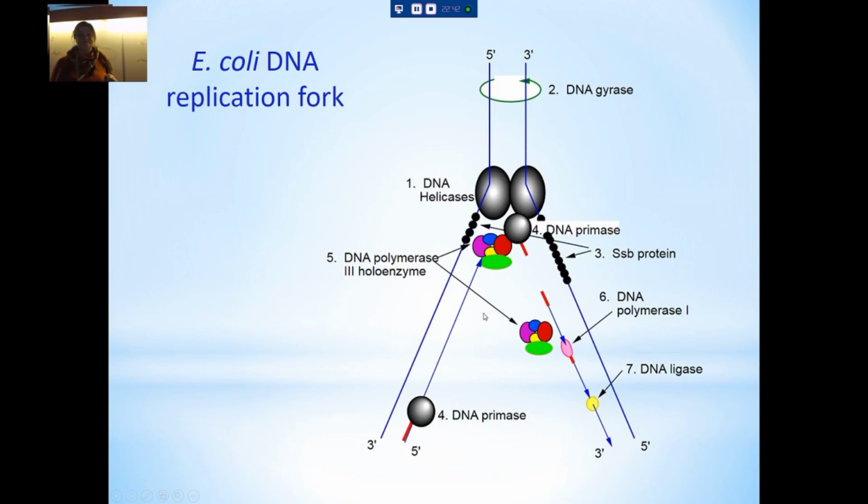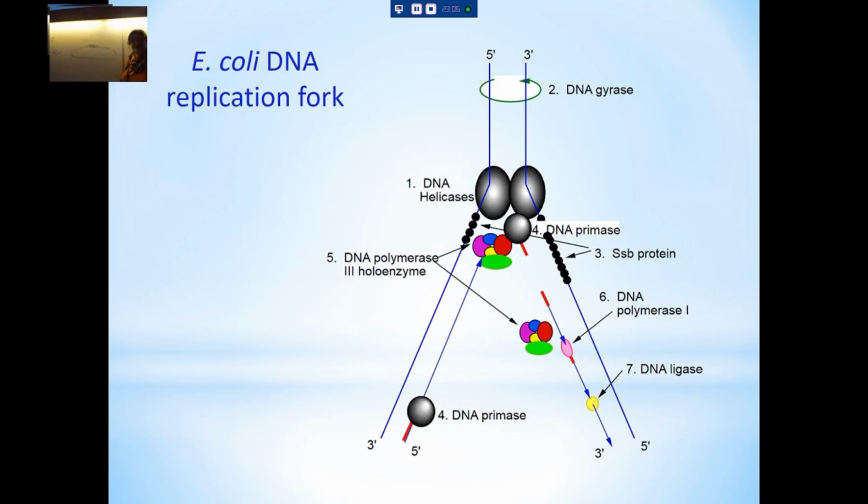Okay? The next thing that has to happen is that a DNA primase, which is another word for an RNA polymerase that makes a short transcript. So this enzyme is never associated with the production of mRNA or rRNA or tRNA.